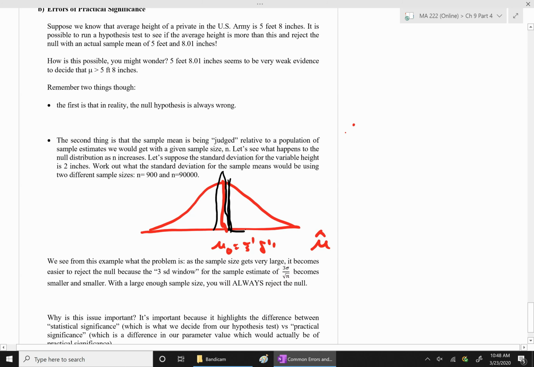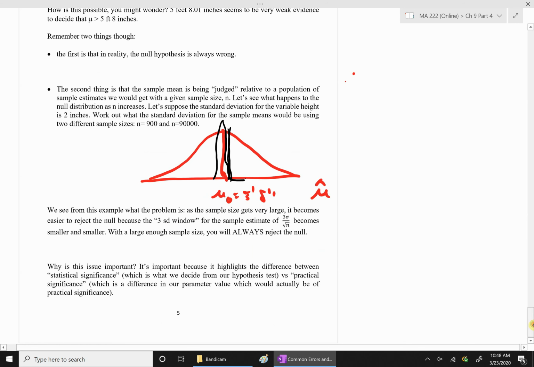Now, why is this important? One of the things that throws people off a lot is they use really large data sets, and then they reject the null. But they're confused because the sample estimate is really close to the value under the null hypothesis. And what you have to understand is that your sample can actually be too large.